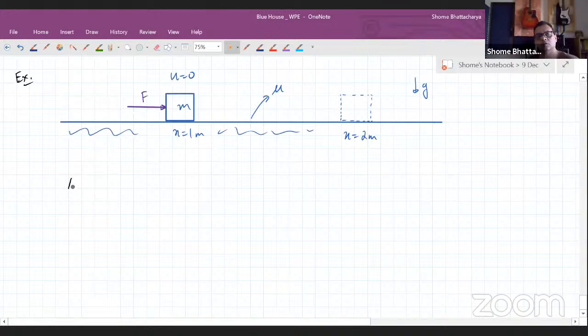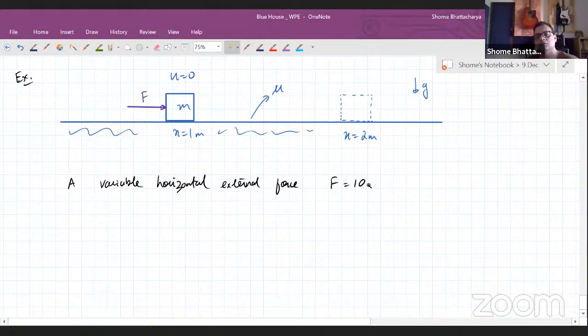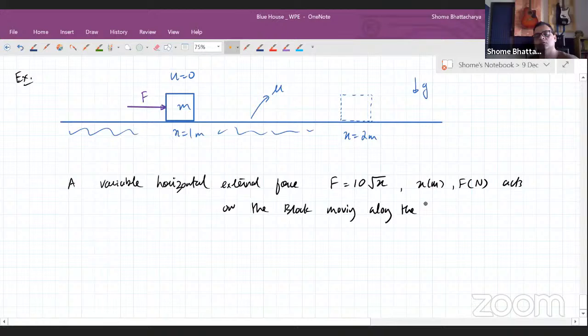So a variable horizontal external force given by F is equal to 10 root x, where x is in meters and F is in newtons, acts on the block moving along the x axis, initially at rest at x equal to 1.